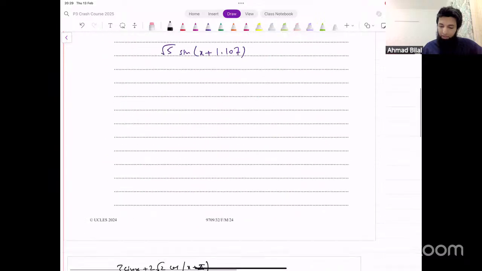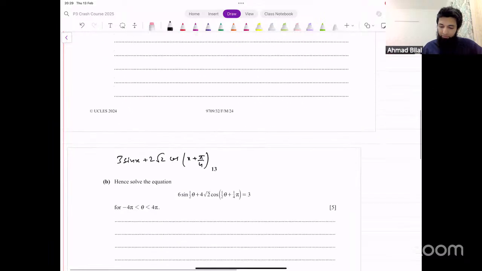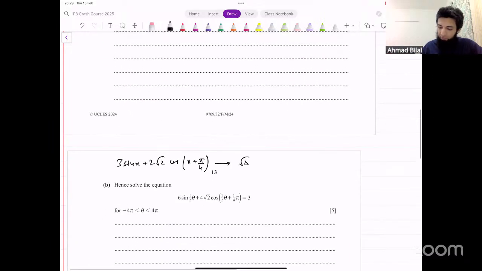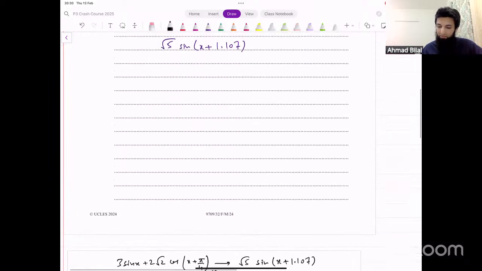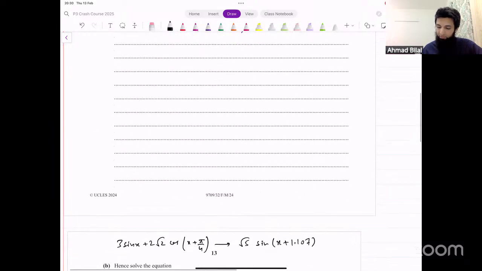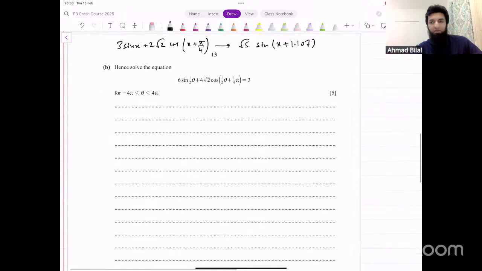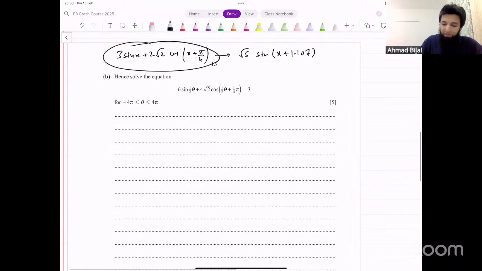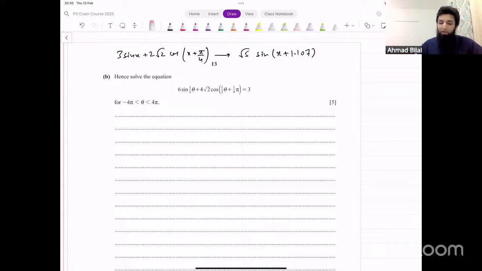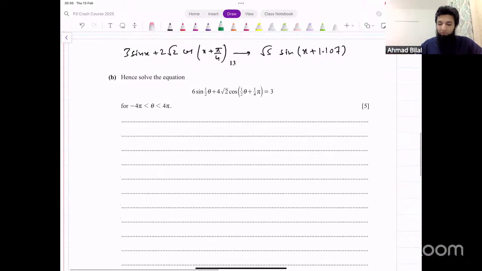We wrote that in the form square root of 5 into sine of x plus 1.107. This is what we've done in the first part. We had this expression, we wrote that in this form. Okay. Now they want us to solve this equation somehow.